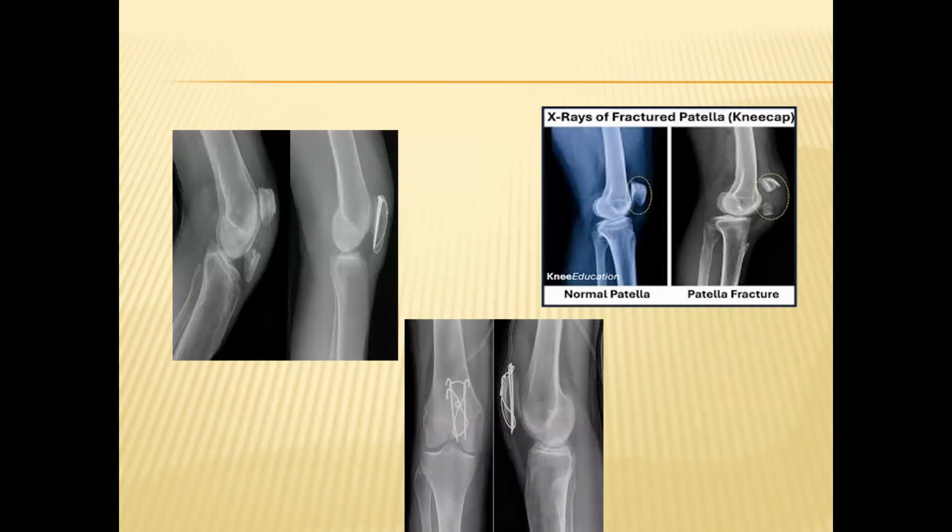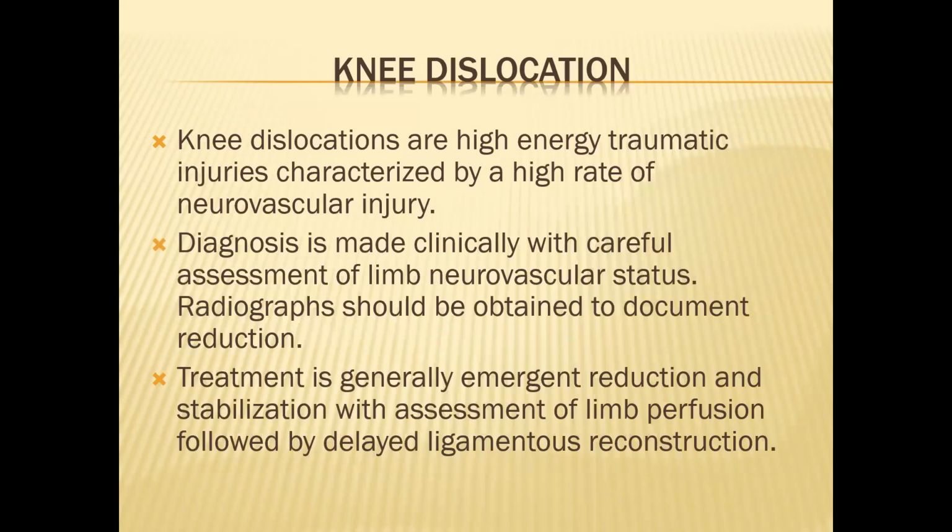Knee dislocation. The knee joint is a very strong joint, and it will be dislocated due to high velocity traumas, or maybe after a fall. For the diagnosis, it will be clearly visible.